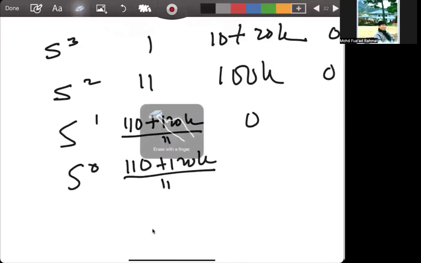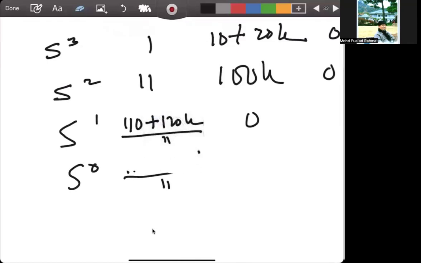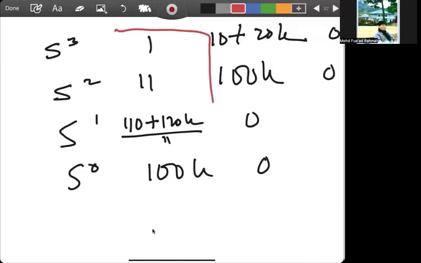Sorry, this one is wrong. This one is supposed to be 100K, 100K. So identify the first column. So this one is the first column.